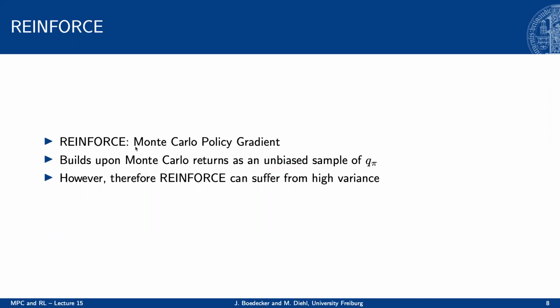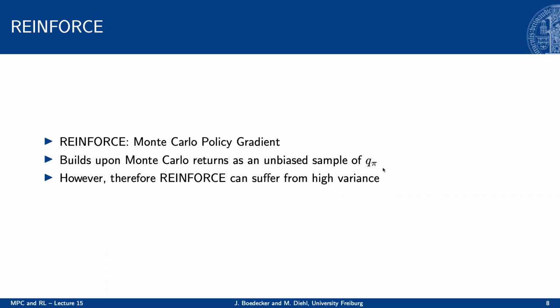So we will sample in the Monte Carlo style that we saw before, collecting samples for this expectation of the gradient, and then we use that in order to make an update to our policy parameters. As you remember, the Monte Carlo return is an unbiased sample of our Q function, right? It only uses the real reward, so it's unbiased.